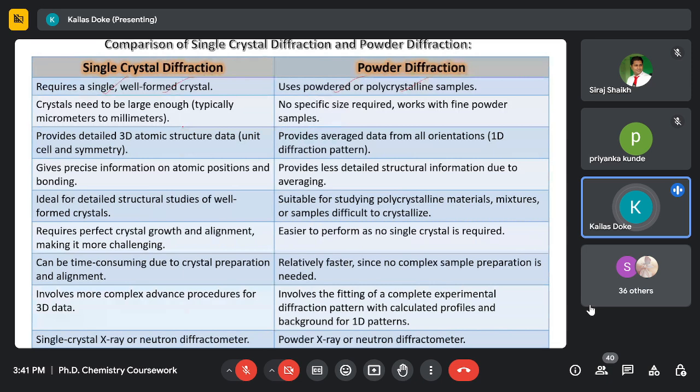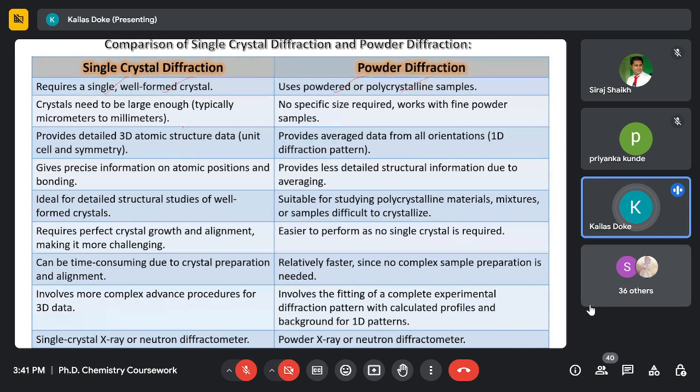It provides unit cells and symmetry directly from the diffraction patterns of the single crystal.